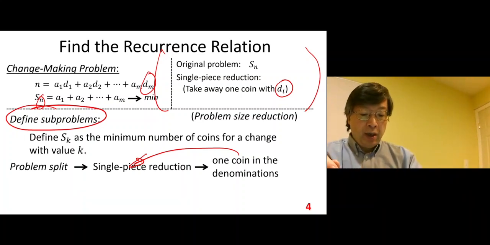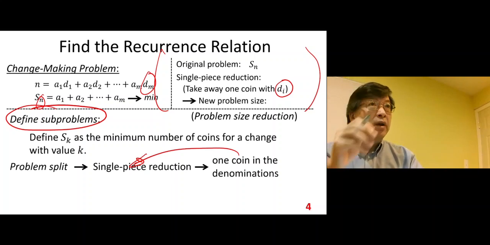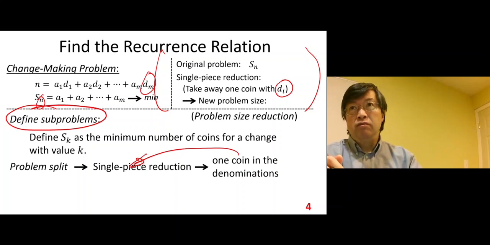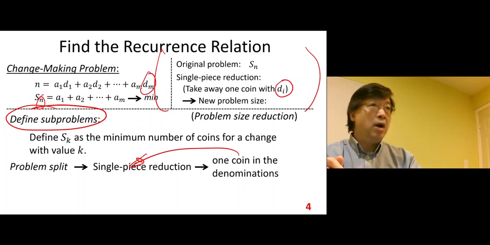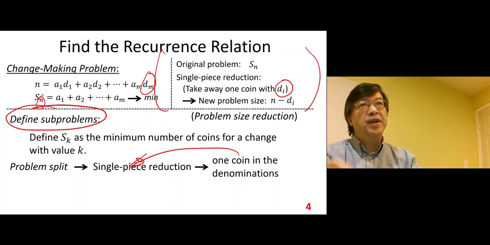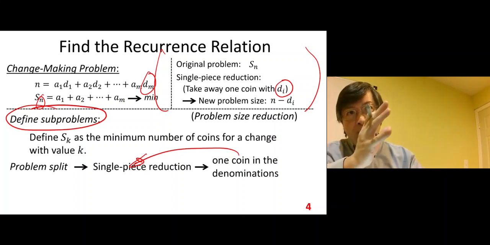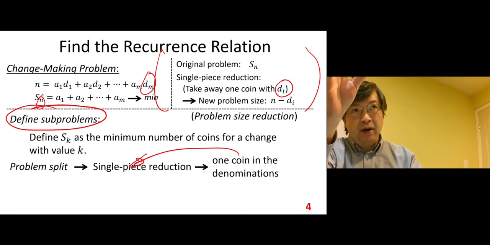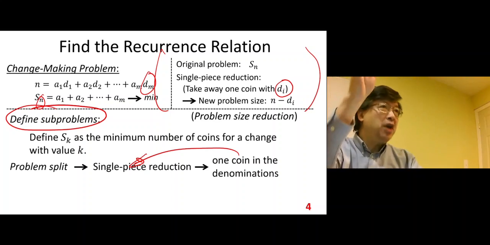But after you take one coin, what is the problem size? You reduce the number of cents for your goal. That number is n minus Di, because you take away one coin, so the face value is reduced by Di.